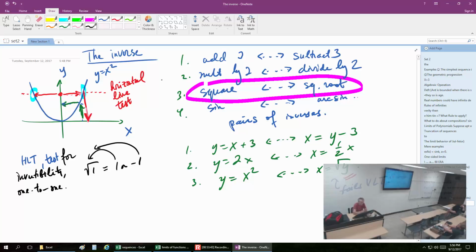So if you're not sure, just flip and look at the graph. The graph will look like this, and that certainly is not the graph of a function. If you want to put y here and x there for convenience, that's still not the graph of a function. So the horizontal line test is a test for invertibility.